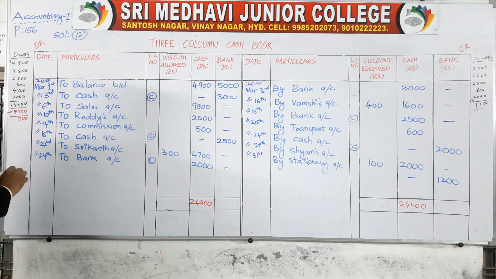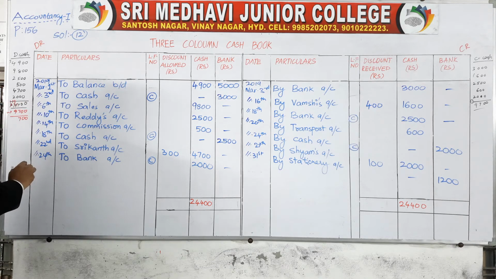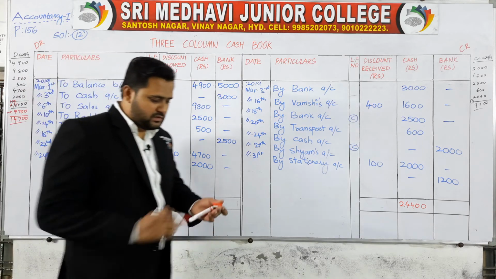How much would it be? So here 24,400 minus 9,700: 0, 0, here it is 3, 14, 14 minus 7, 7, here 1, 13, 13 minus 9 is 4. Here 14,700 is your cash answer.